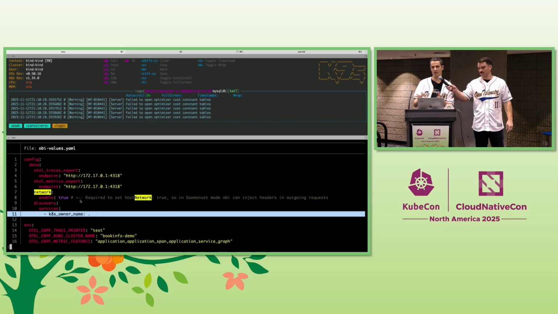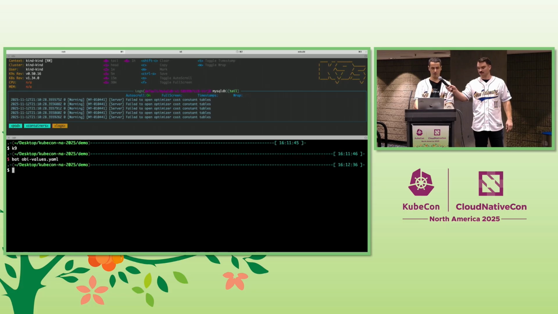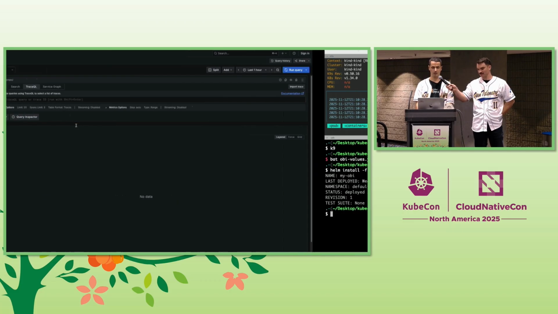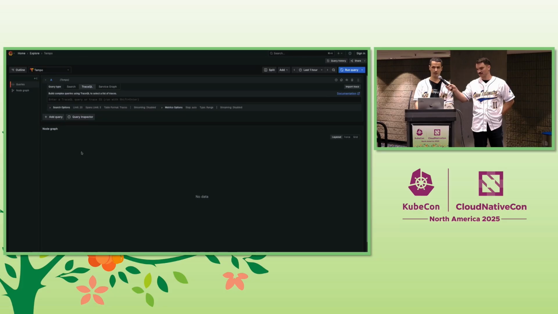So it automatically ignores them. To deploy it, I can just use Helm install. We released a Helm chart, OpenTelemetry eBPF instrumentation. So it is here. In a few seconds, we will start seeing data here.